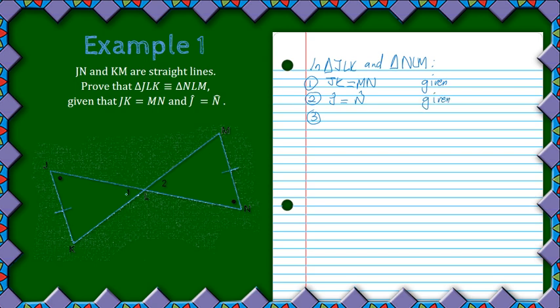And finally we can see that these two angles are vertically opposite, so I can say that angle L1 is equal to angle L2, vertically opposite angles. Therefore triangle JLK is congruent to triangle NLM.